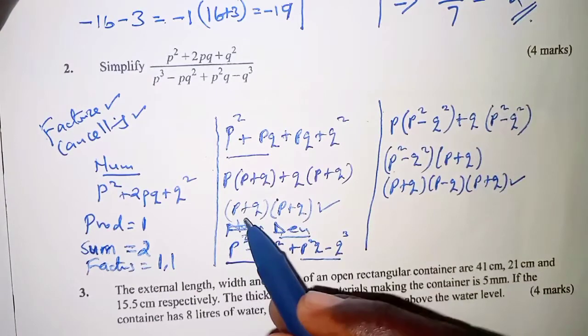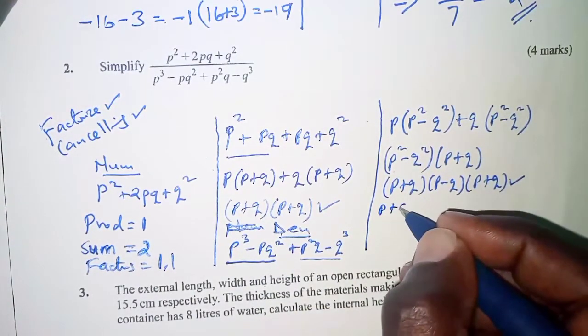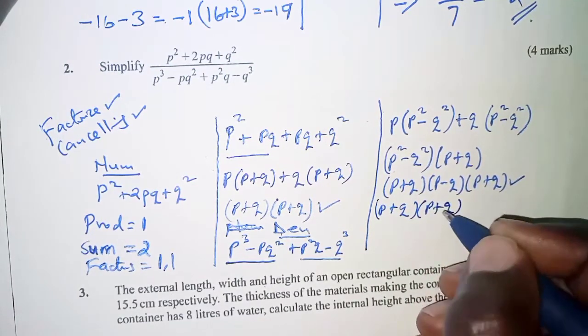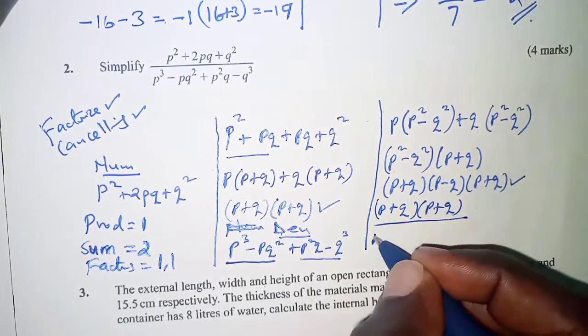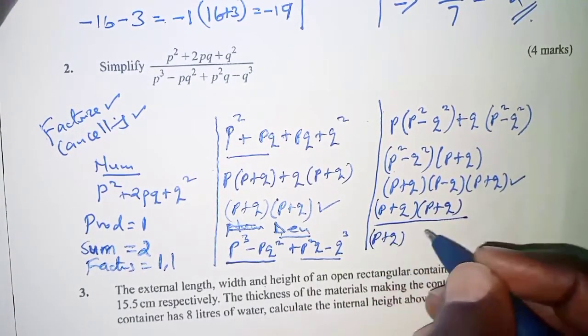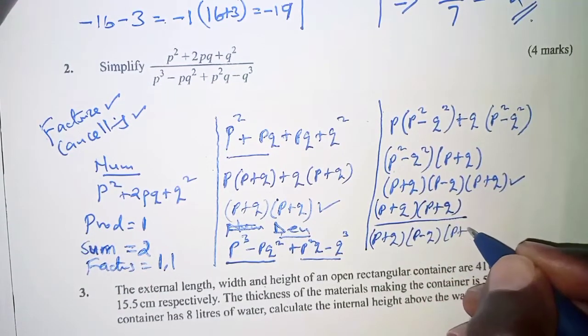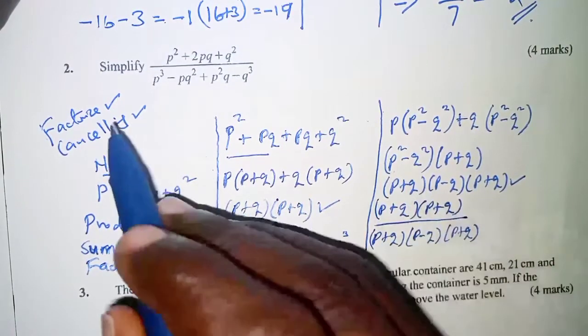Now combining the numerator and the denominator, we'll have p plus q into p plus q, all divided by the denominator, p plus q, into p minus q, into p plus q. So the next step, we are done with the factorization.